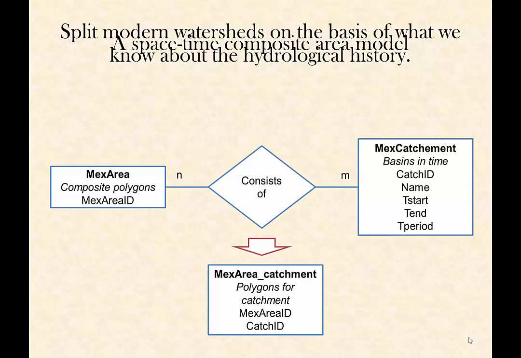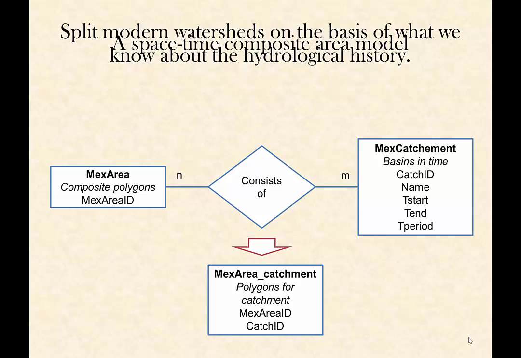Remember time and the lectures on time? One of the data models was a space-time composite, in which you take one layer and divide the area constantly to get all permutations of combinations of areas through history, and then you dissolve the areas back together to reconstruct a particular time. So I tried to do that.